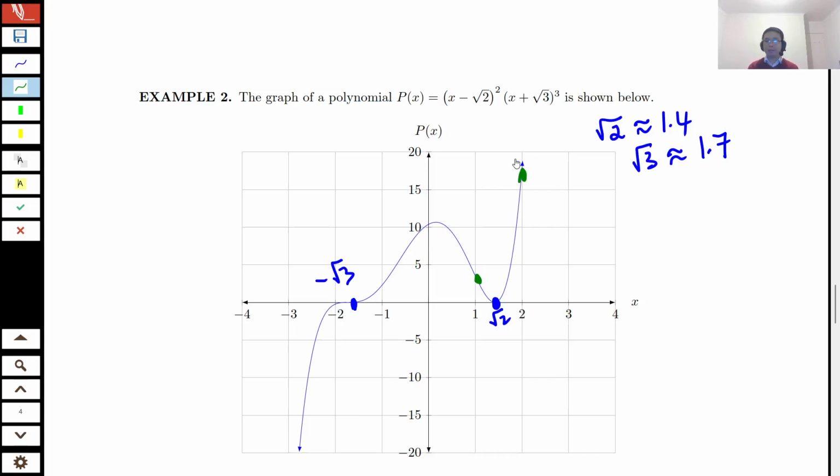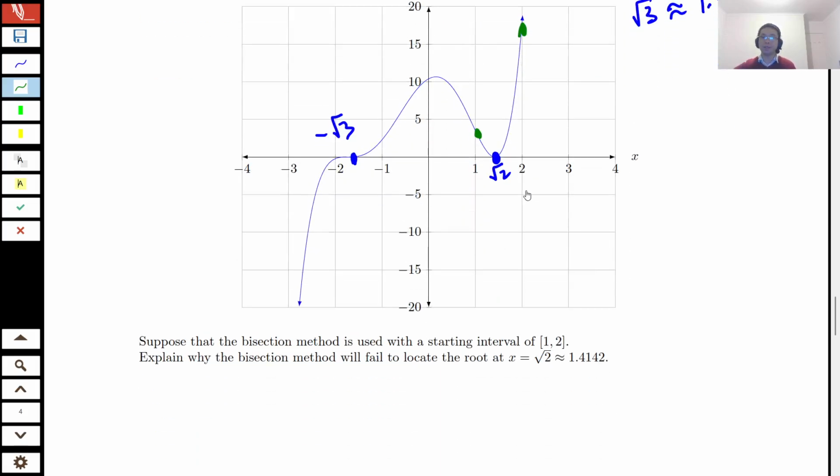Feel free to pause the video and have a think about it. As I answer the question now, this is not going to give us good results because one of the assumptions that we make when using the bisection method is that the function changes sign, and it does not here.